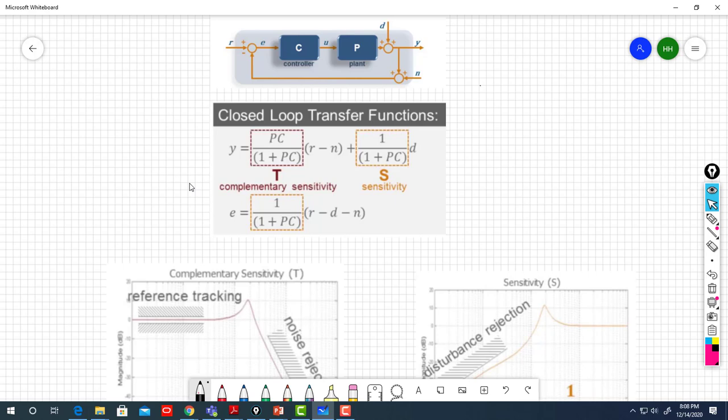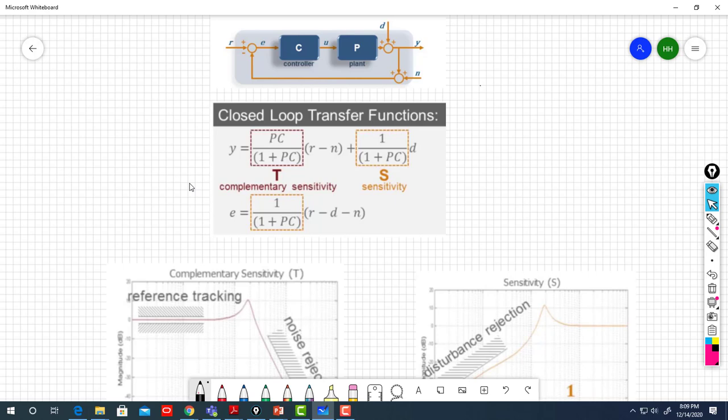So the loop is, or forward over 1 plus the open loop transfer function. So say here it was the transfer function after the disturbance. So here in this case it is 1, nothing after, 1 over the same denominator, 1 plus PC. See, you can do the calculation, but here I just did the analogy.